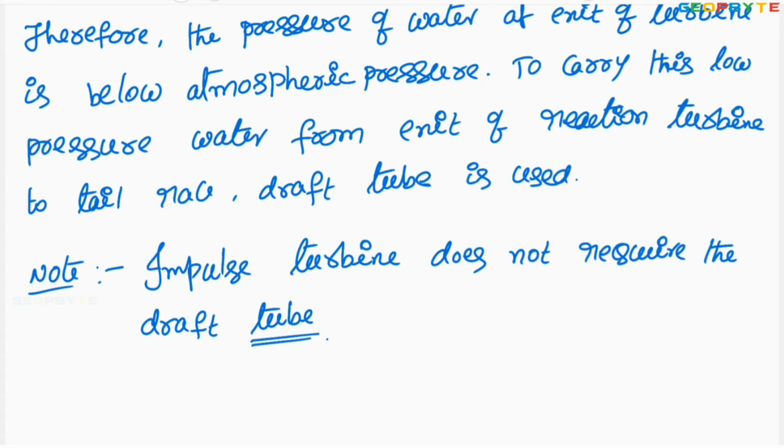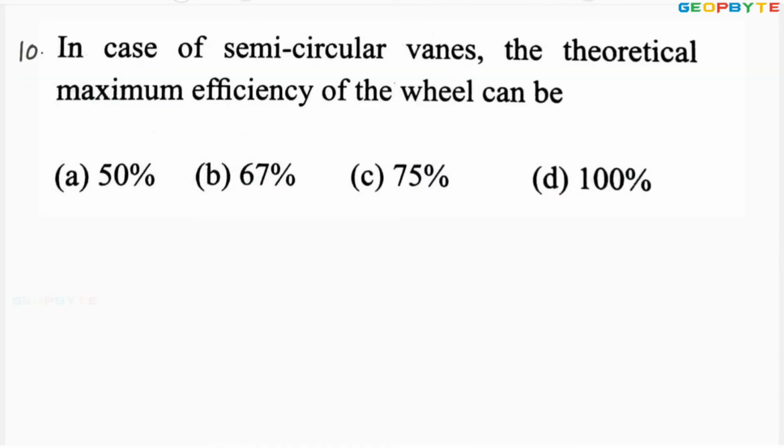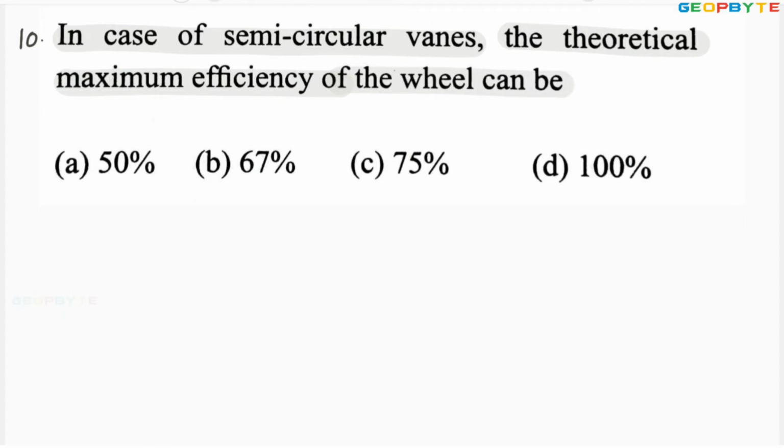Let us take one more problem. Look at the 10th problem. In case of semicircular vanes, the theoretical maximum efficiency of the wheel can be, as you know, semicircular vanes are used for impulse turbines.